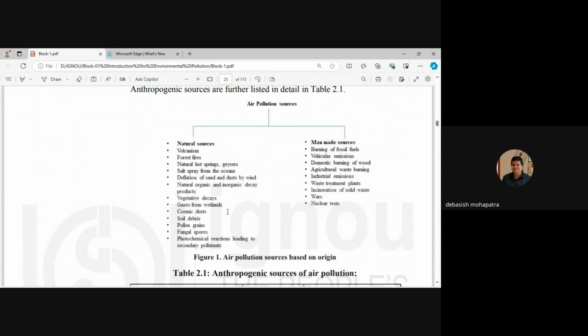Then deflation of sand and dust by wind, natural organic and inorganic decay products, vegetable decay, gases from wastelands, cosmic dust, soil debris, pollen grains, fungal spores, and photochemical reactions leading to secondary pollution. So these are all natural sources. Man-made sources are burning of fossil fuel to run our vehicles, vehicular emissions, domestic burning of wood, agricultural waste burning, industrial emissions, waste treatment plants, incineration of solid waste, wars and nuclear tests. These are all man-made sources of air pollution.